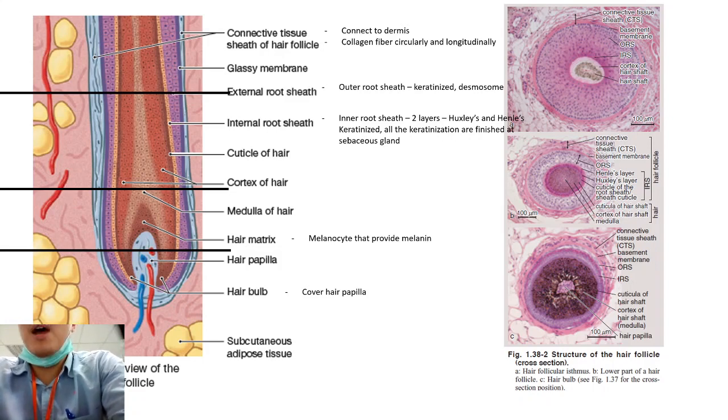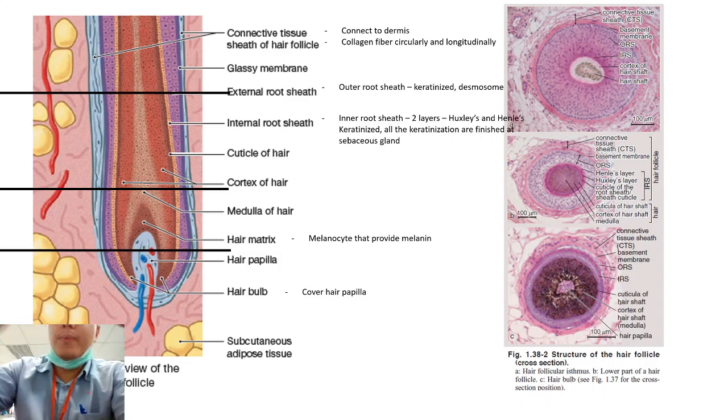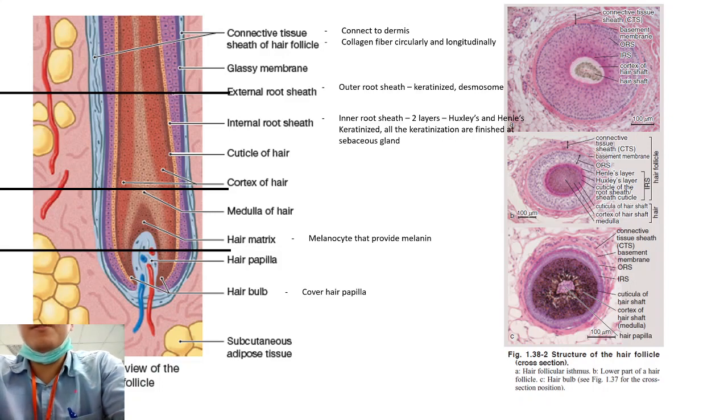It's composed of collagen fibers, pretty much the same as the dermis in your skin, but it falls into the subcutaneous tissue. It's the same as the connective tissue in the dermis, composed of collagen fibers running circularly and longitudinally.